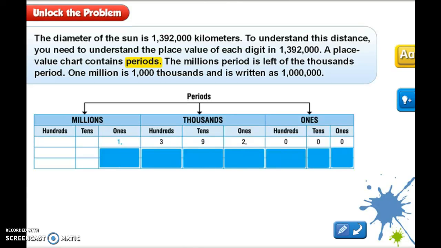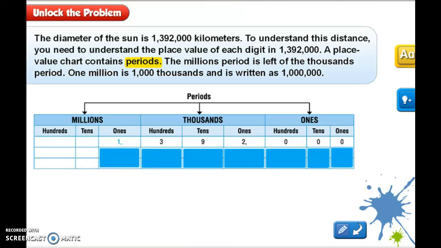So if you look up here, you will see it has the millions, thousands, and ones. We kind of talked about that the other day, that those were periods, in which each period is the ones, tens, and hundreds. Okay?